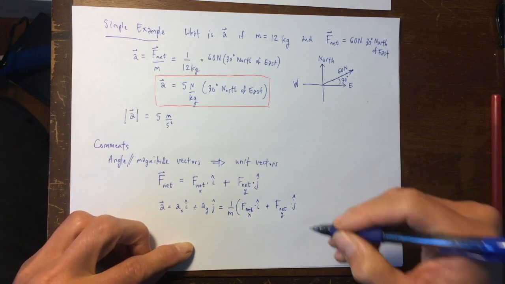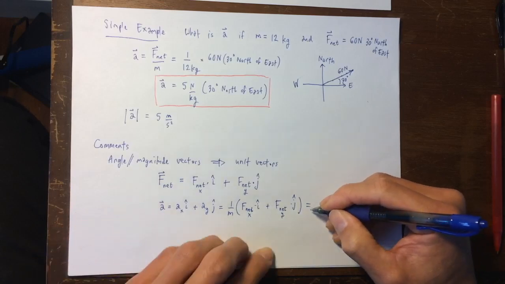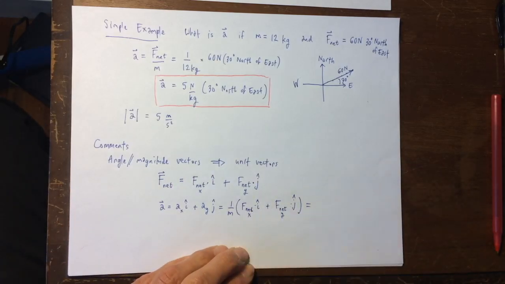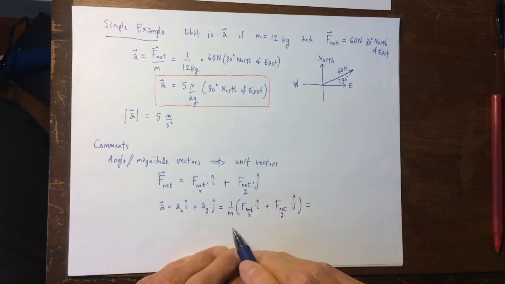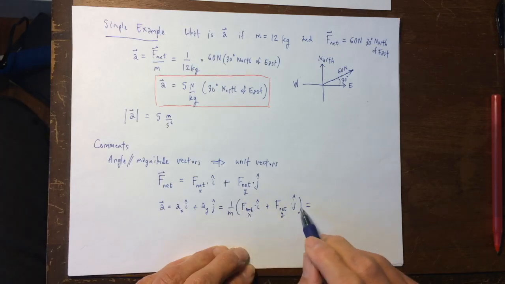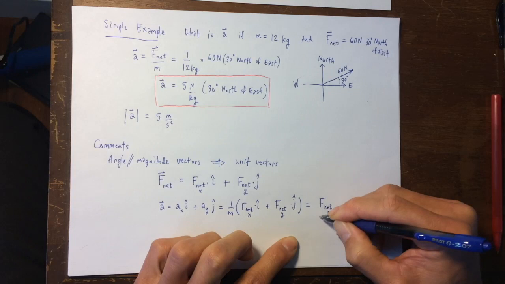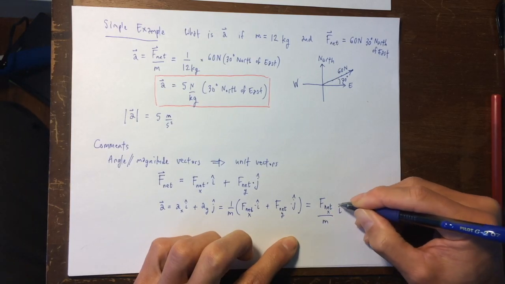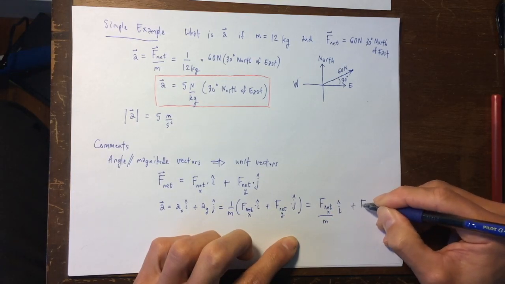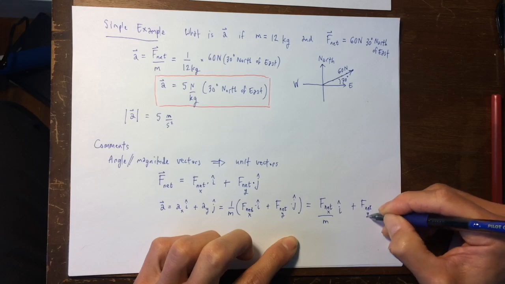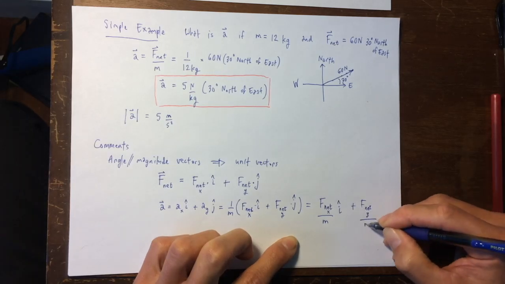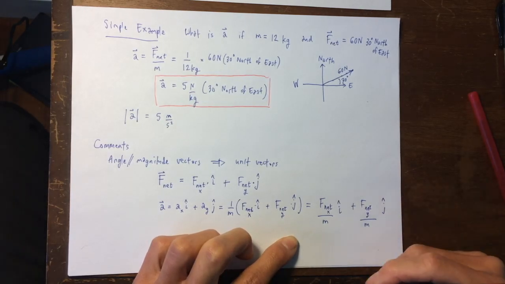These are multiplication dots. This is equal to, you can just distribute into the sum, right? It's a factor on a sum. So this is F net in the x direction divided by m times i hat, plus F net in the y direction divided by m times j hat, like this.